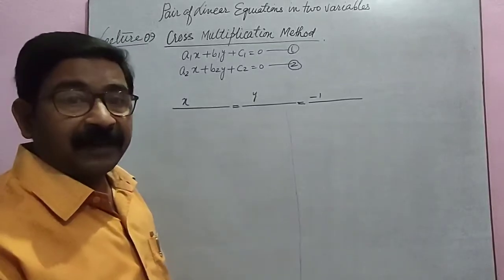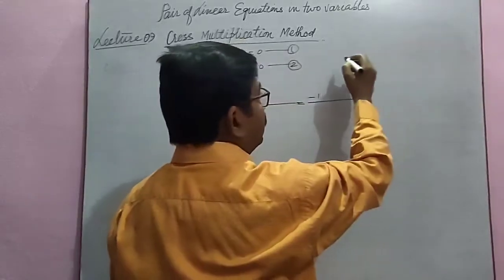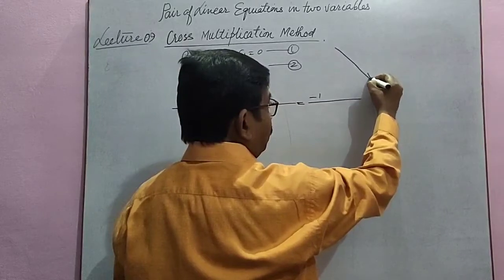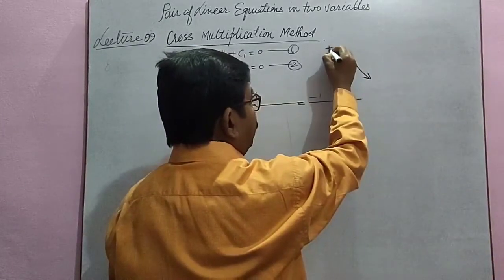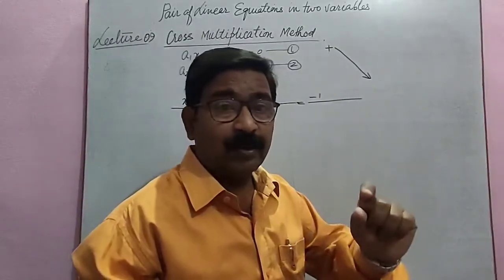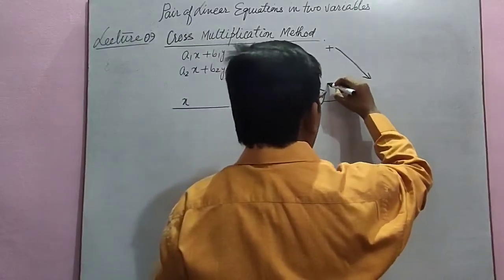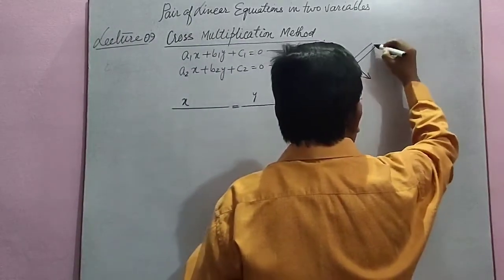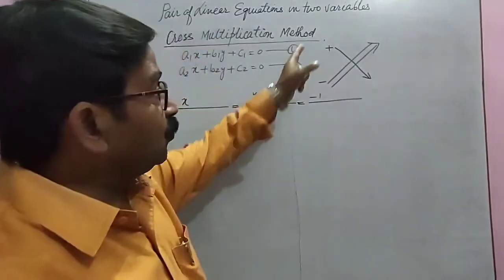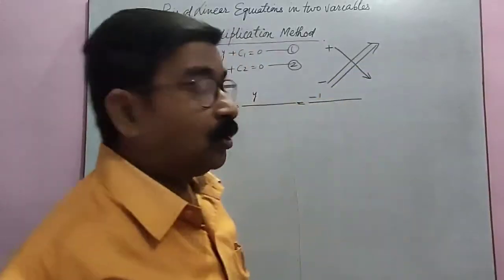Now how to multiply? Try to learn. I am showing one thing. See the symbol, this direction. This is positive. A single line shows the first attempt and a double line shows the second attempt. This is negative. First you multiply top to bottom cross and then bottom to top cross.